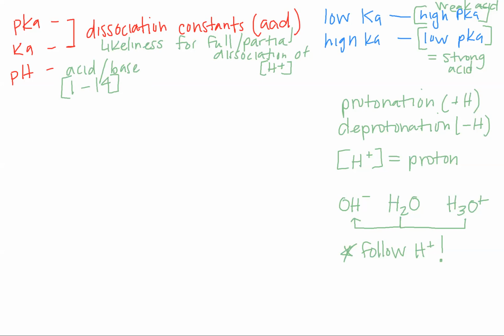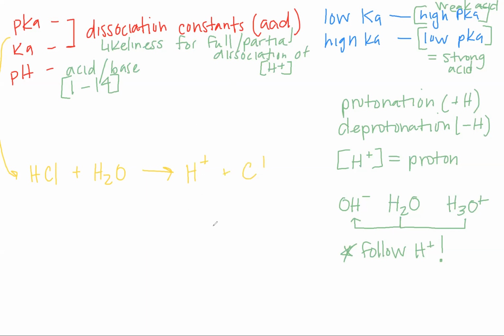For example, let's use a new color. For example, this, we'll say, what is the likelihood of hydrochloric acid and water, right? What are the chances of these to fully dissociate? And we know that hydrochloric acid definitely can do this.